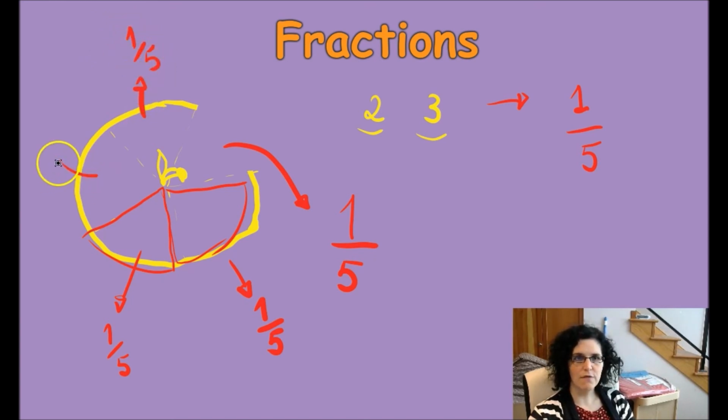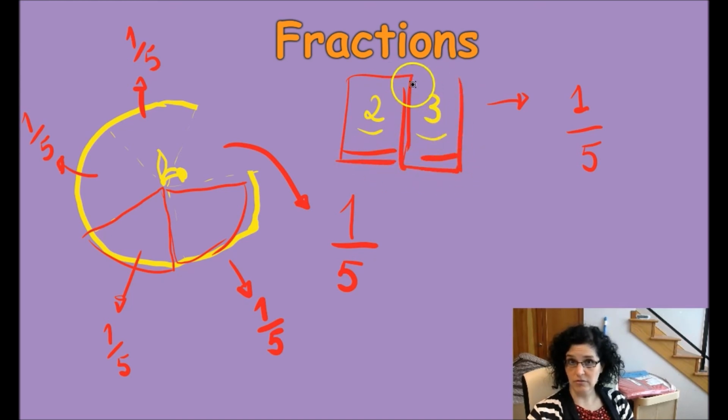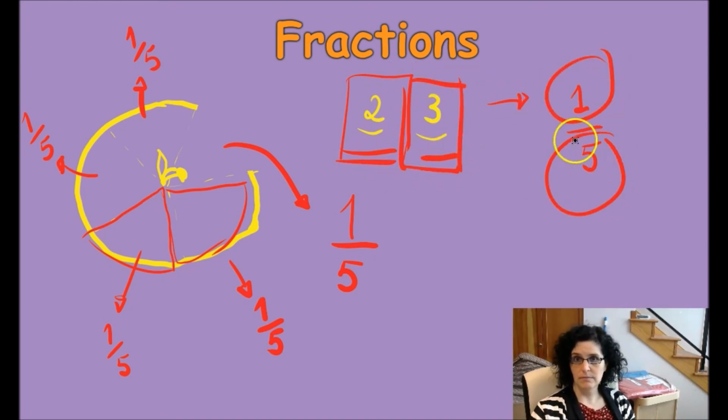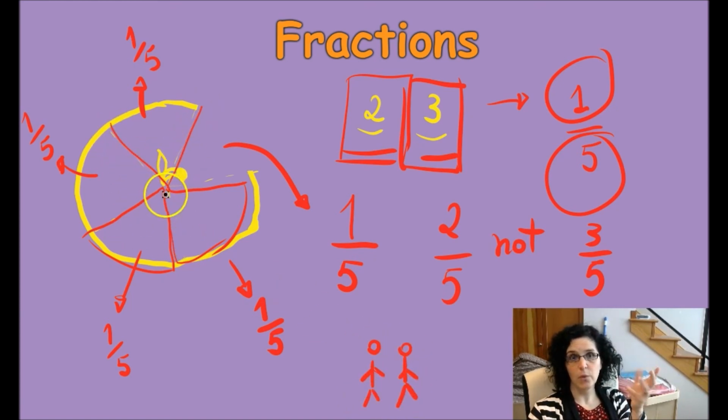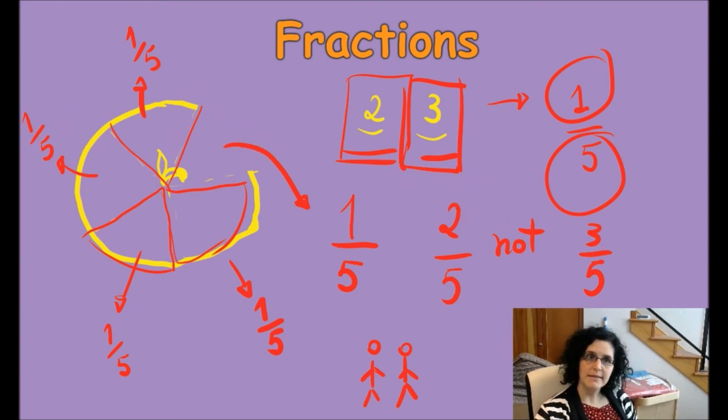And that's why we say fractions are equal portions. It doesn't mean that the number that you wrote is going to be equal. 2 over 5 is different than 3 over 5, but the little parts that make up the 2, each boy and each girl, each slice of apple compared to every other slice of apple, will be equal. So hopefully that made some sense for you.